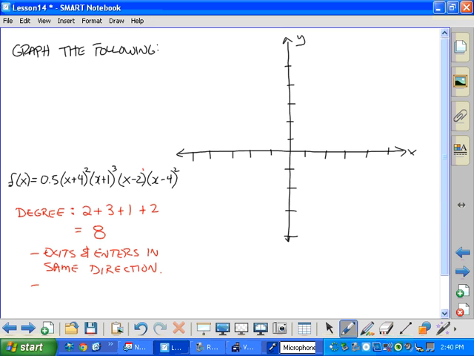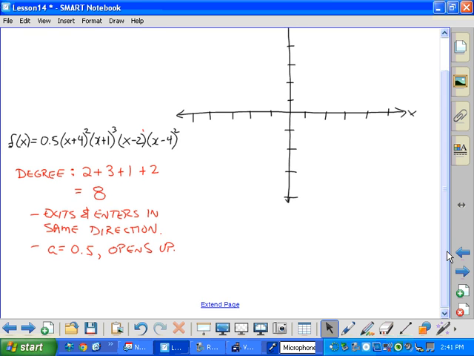I know A is positive, so A equals 0.5, so it opens up. I start filling in the information as we go. So what are my roots here?